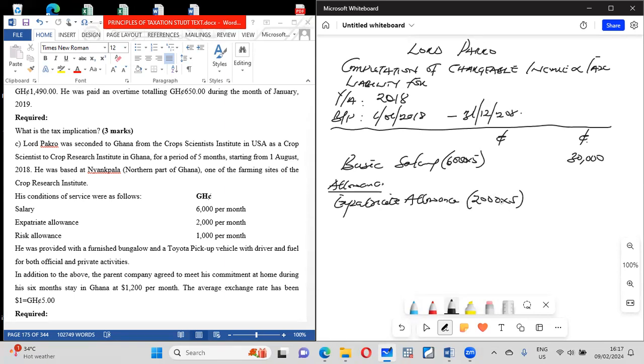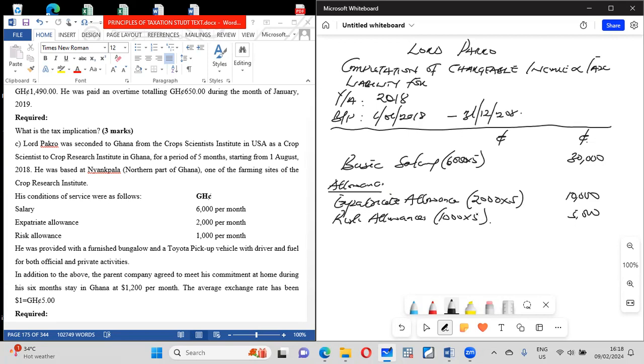So that is 10,000. He has some risk allowance, and that one is 1,000 per month. So we multiply by 5, we have 5,000.